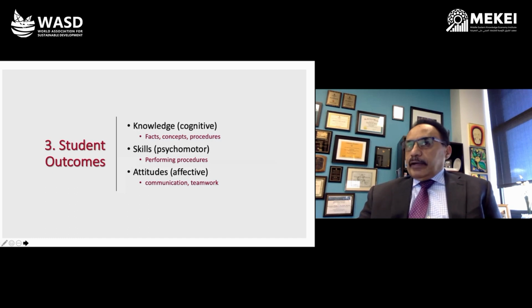The first part, the knowledge part, is about facts, concepts, and procedures. The skill part is mainly about the manual or physical skills that require practice, so how they perform a procedure. And the attitude mainly deals with feelings, emotions, and values.